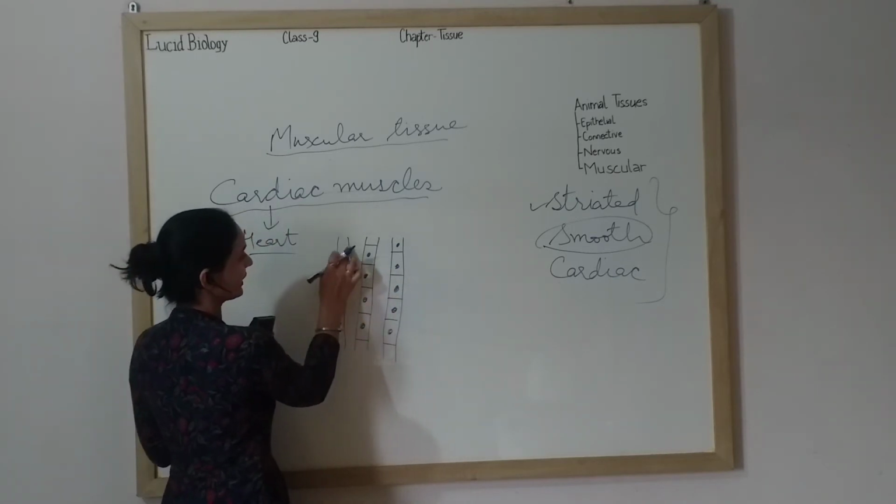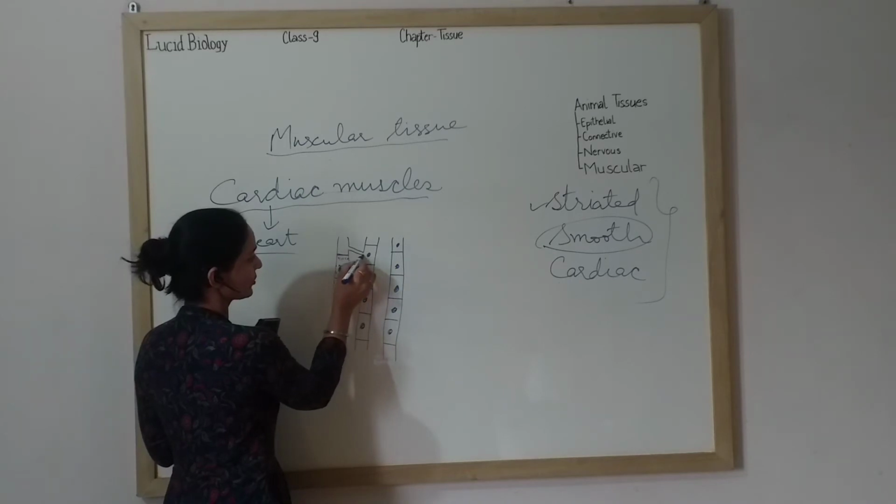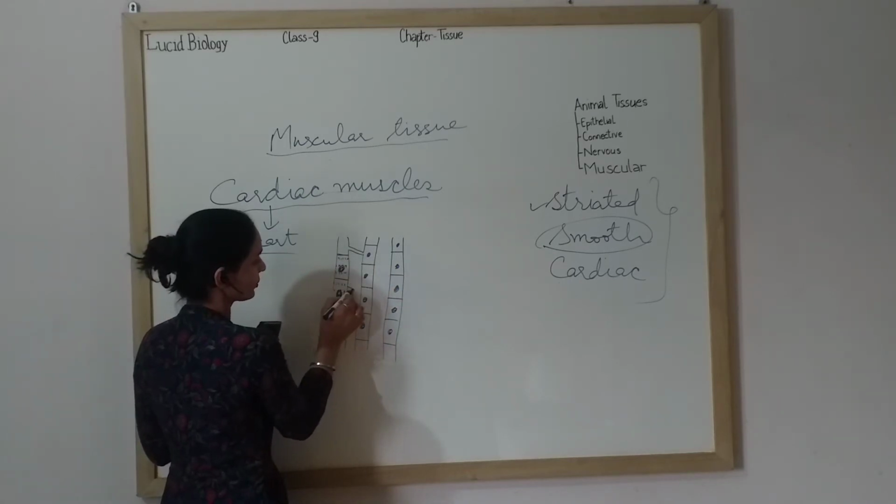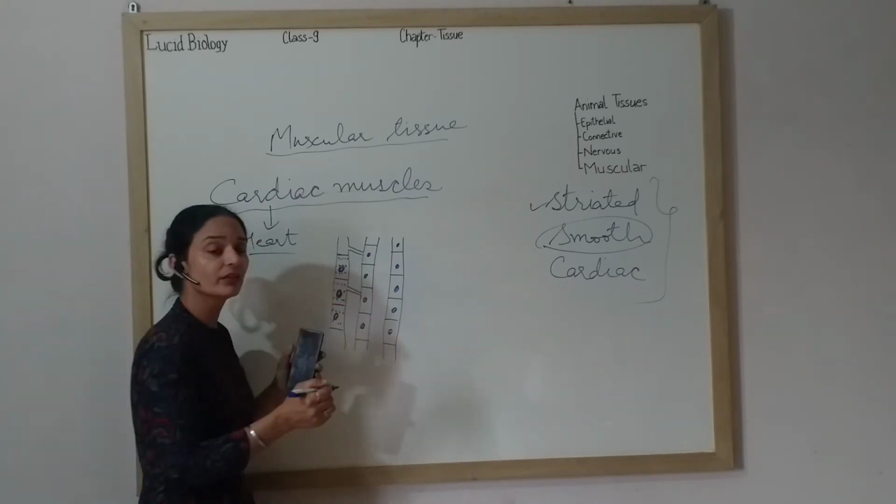See, and one more thing, they show links. They occur in branches. They show connection with each other by intercalated discs.